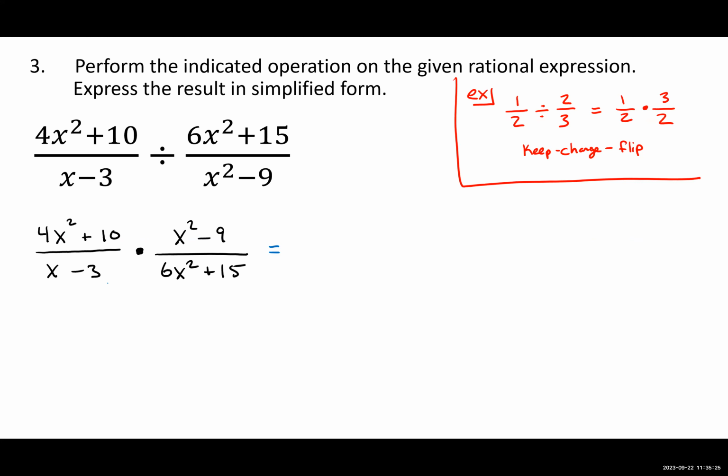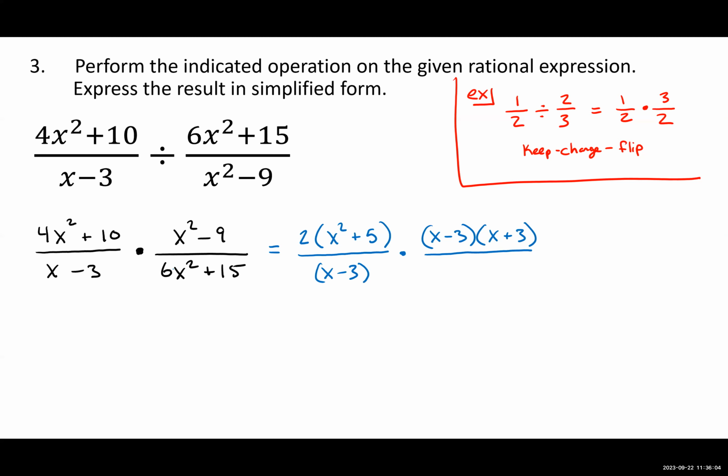Factor the top, factor the bottom of each fraction. So I'm going to factor out a 2, and we're left with x squared plus 5. On the bottom, we have an x minus 3 that doesn't factor. Again, I'm going quickly through the factoring portion because that was the previous video. X squared minus 9 becomes x minus 3 times x plus 3.